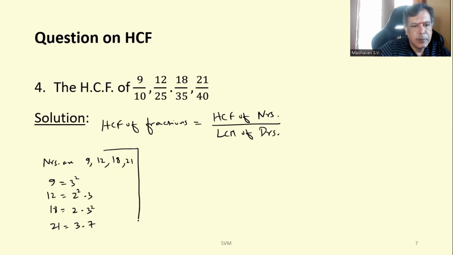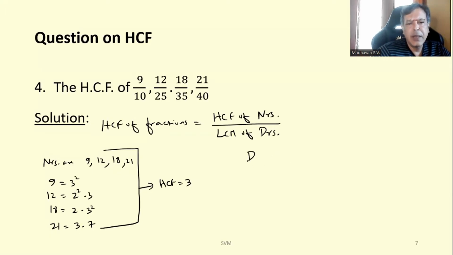So based on this, the highest common factor will be 3, only 3. That is the highest common factor among all these.